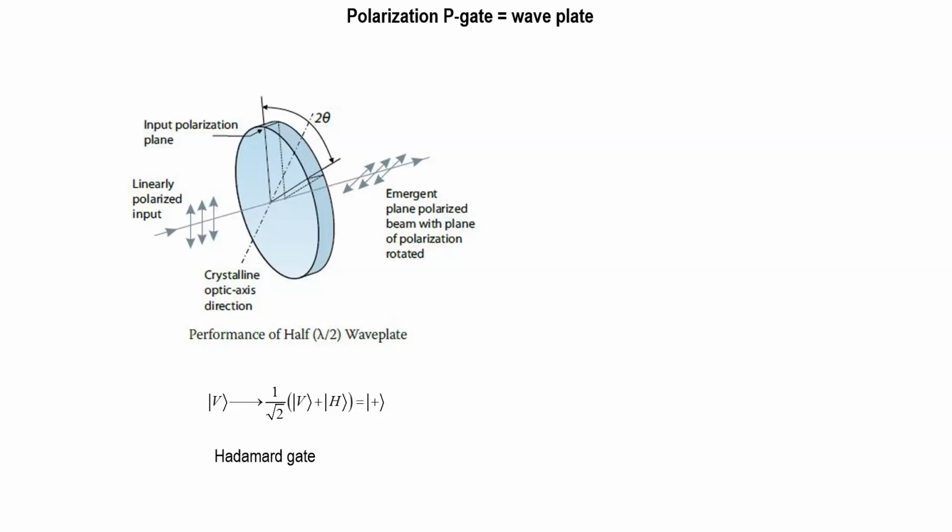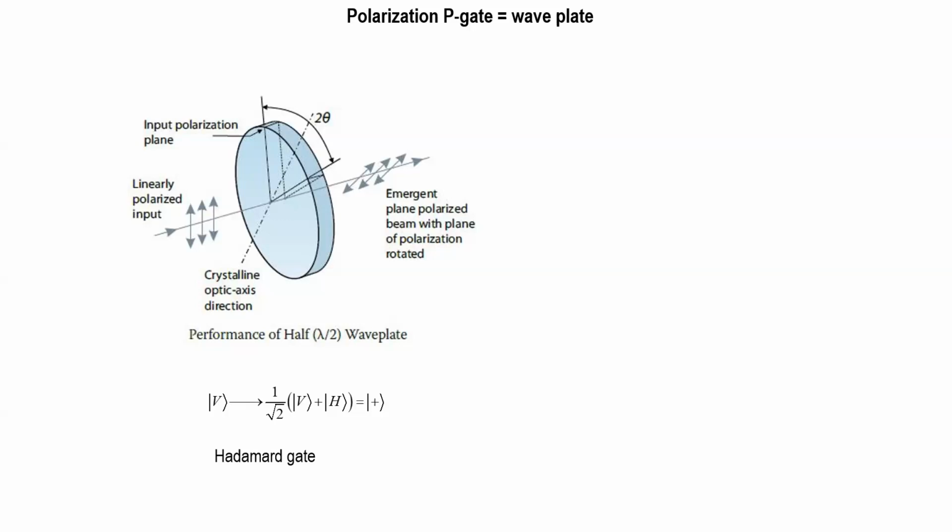In the output, these two beams acquire some phase delay. If this phase delay corresponds to half of the wavelength, the phase retardation between the two is equal to lambda over 2. Such a plate is called a half wave plate.